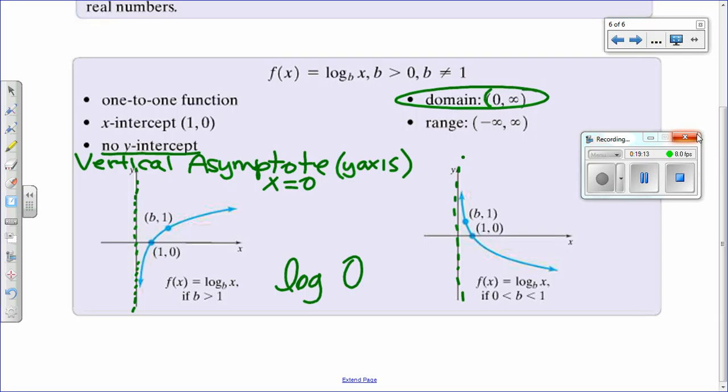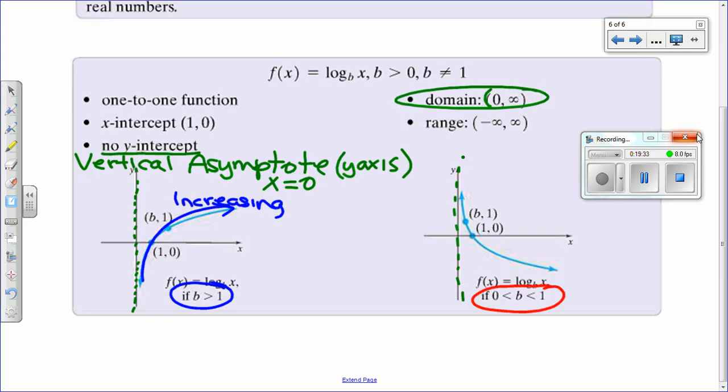All right? This happens whenever the base is greater than 1. Your graph will be increasing, like that one. That's increasing. And when your base is less than 1, please write this down. The other day, Alpha told me that she doesn't understand this type of notation.